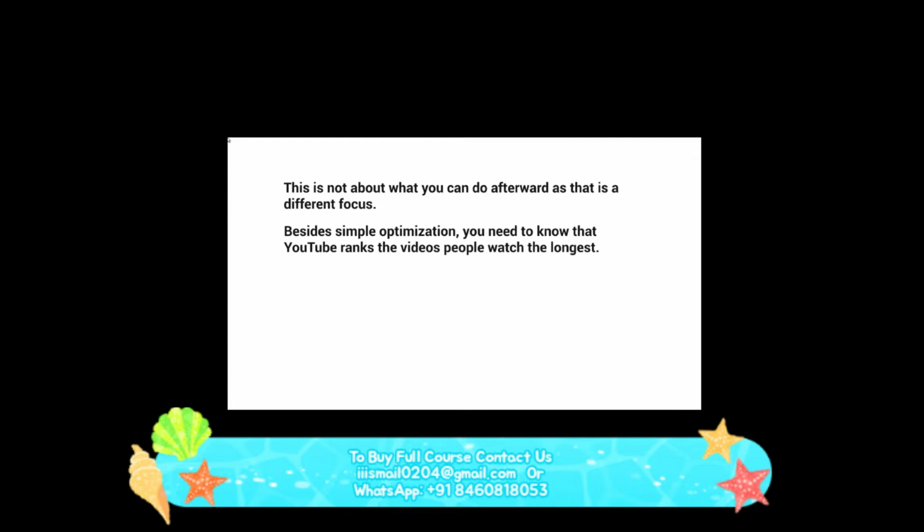Based on, let's say, 1,000 views, how many of those 1,000 views actually watched either 50% or 100%, or how many minutes total? 1,000 times how many minutes was watched. So they really look at how long people watch the videos as a whole.